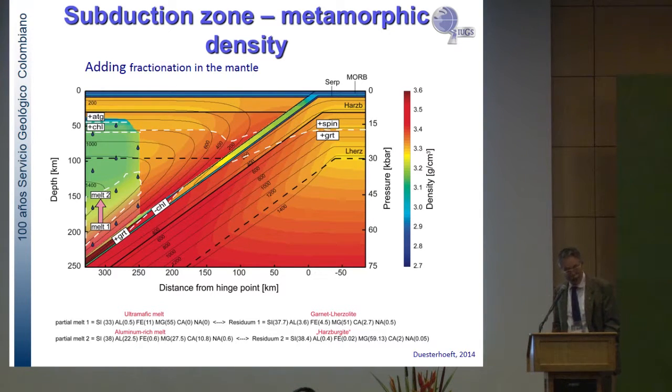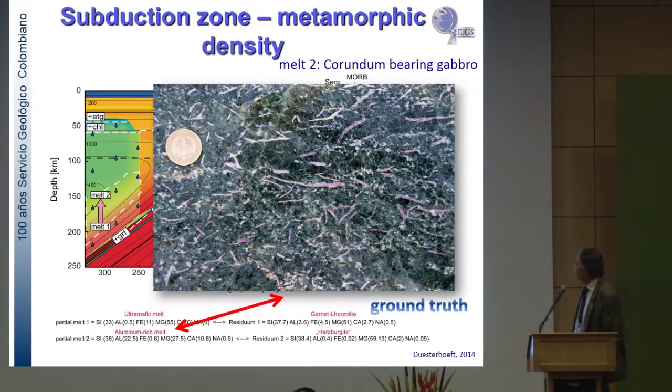Now everybody knows there are garnet peridotites, and there are, of course, harzburgites in this subduction angle mantle. And if you go to the field, then of course you'll find this type of rocks if you look at the right place, and that's a corundum-bearing gabbro.